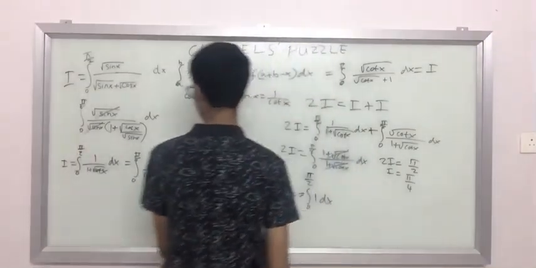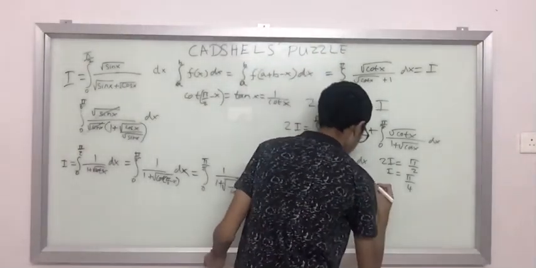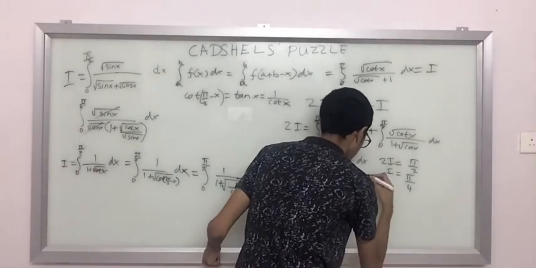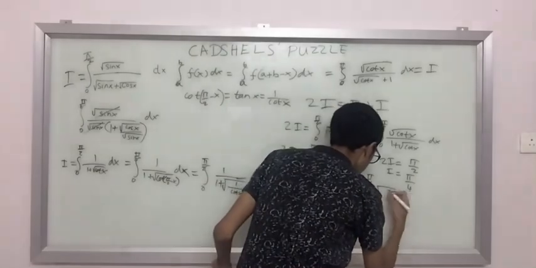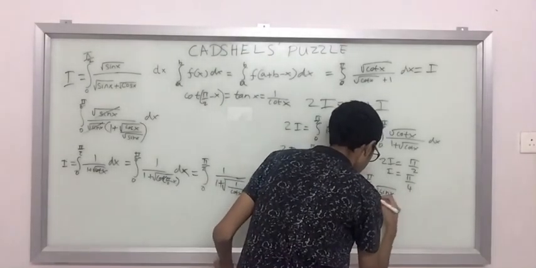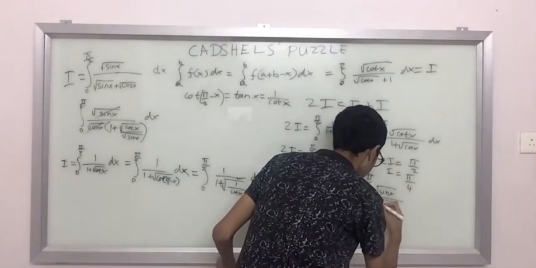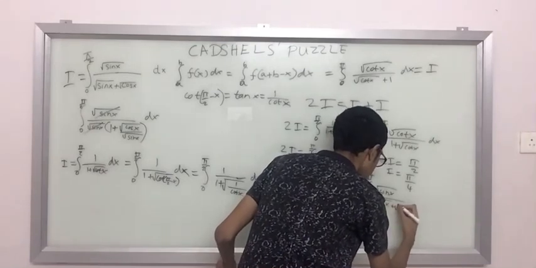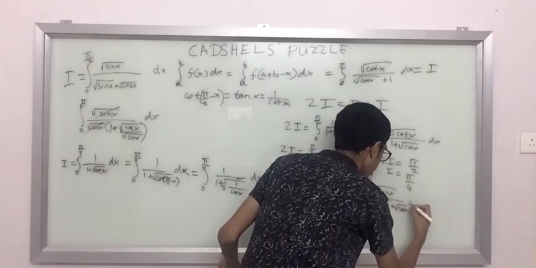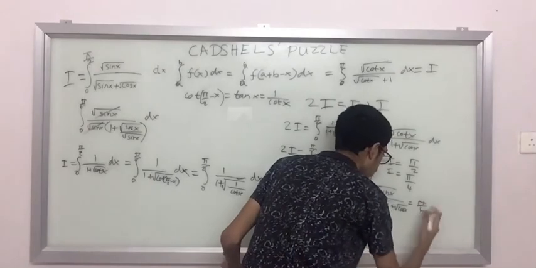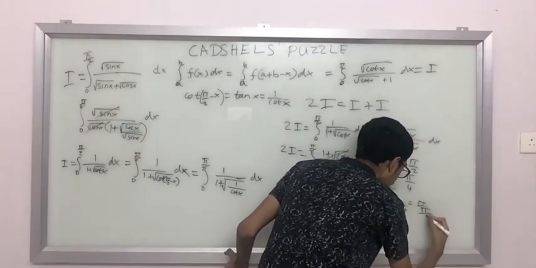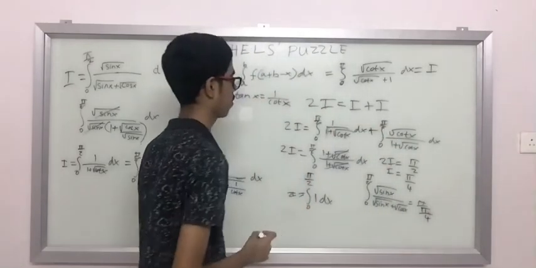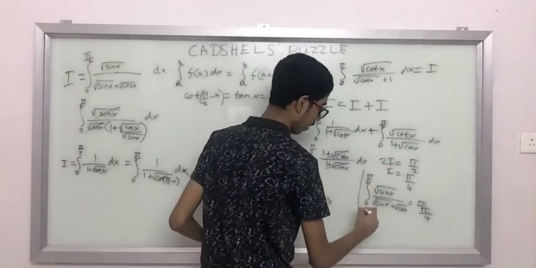That means the integral from 0 to pi by 2 of square root of sin x by square root of sin x plus square root of cos x is equal to pi by 4. Okay, this is our answer.